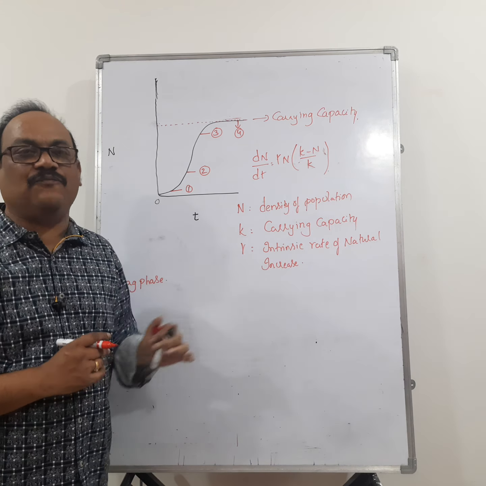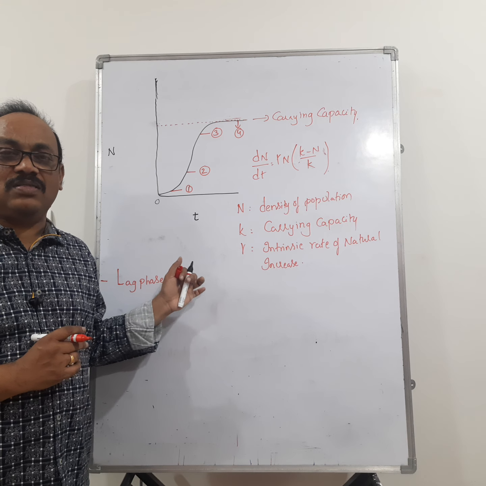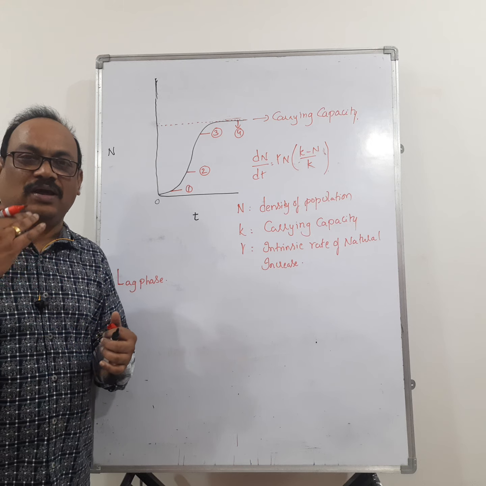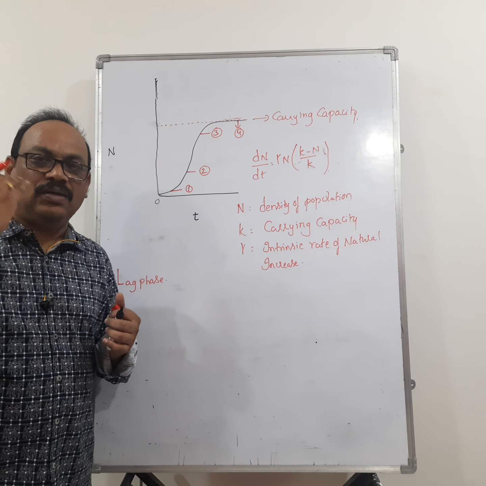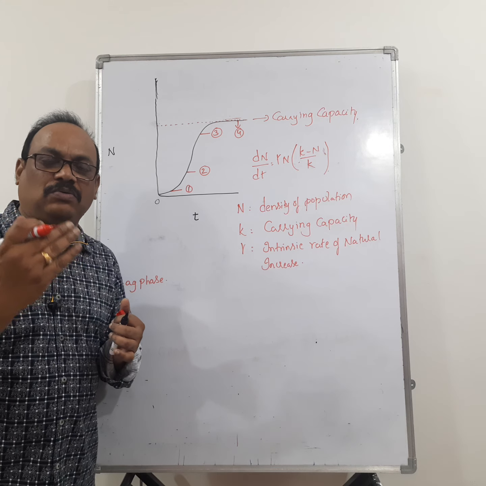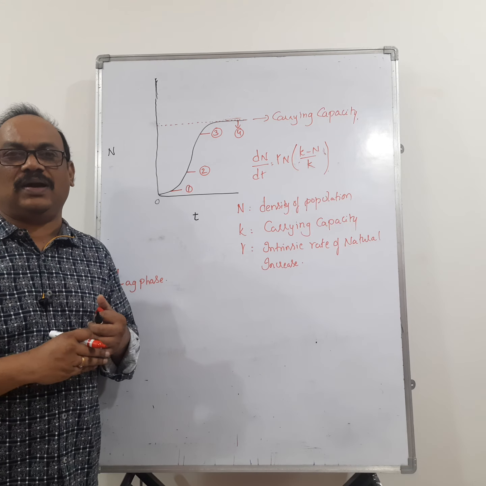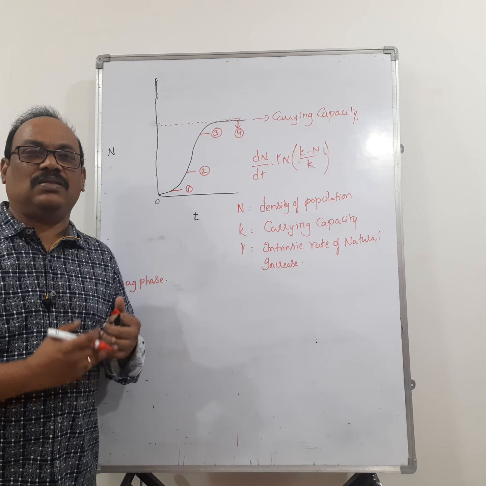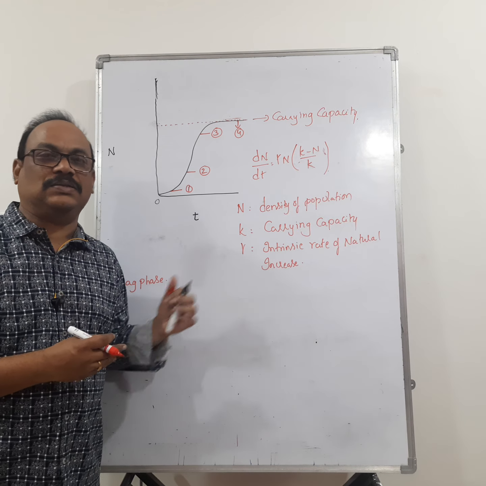Here the death rate is more than birth rate. So remember that one. In stabilizing phase, initially when the organisms enter into a habitat, first they should get adapted to that habitat and they get stabilized to that habitat. So while getting adapted to that habitat, some organisms will die and some will survive. So initially we take the lag phase. In the lag phase, the death rate will be more than the birth rate.